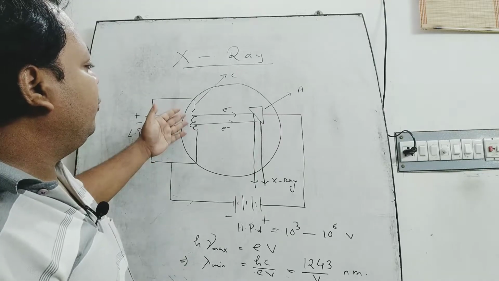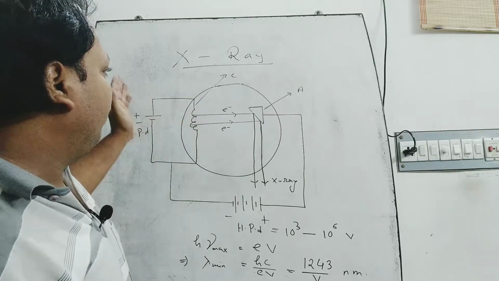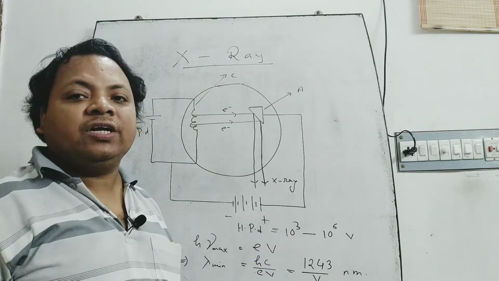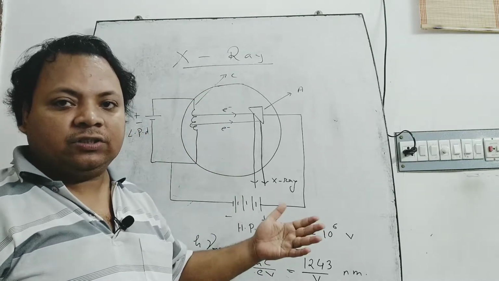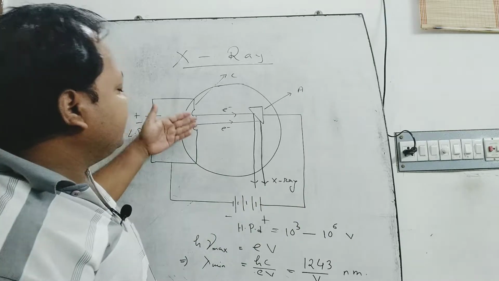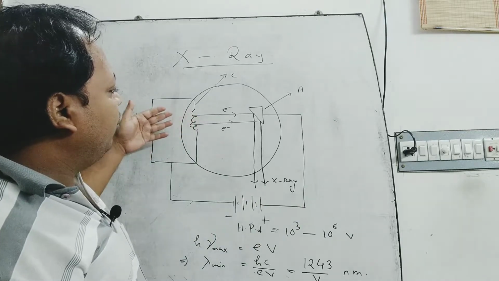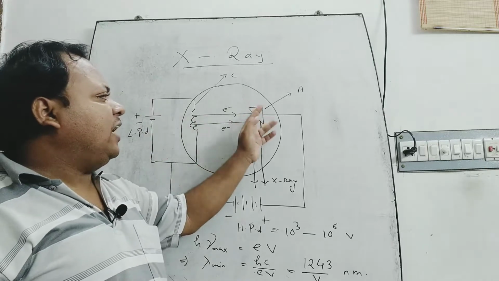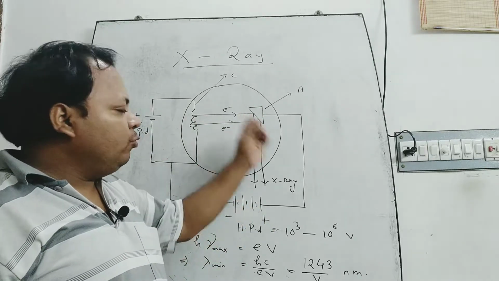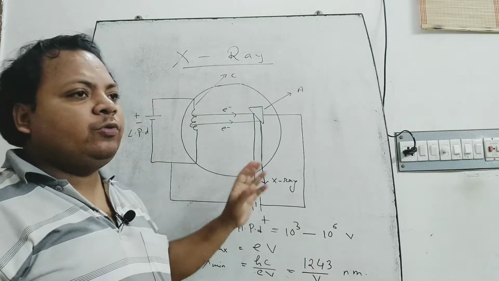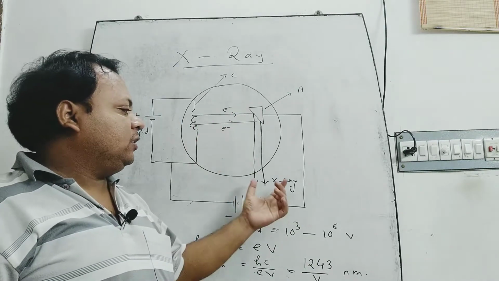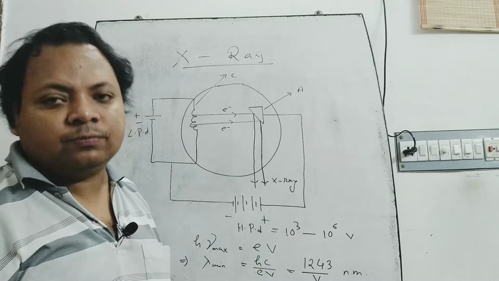Now cathode ray is produced from the filament or cathode. You know that cathode ray is the flow of electrons. These electrons move very fast and hit the target, and due to the collision between the electrons and the target, X-ray is produced.